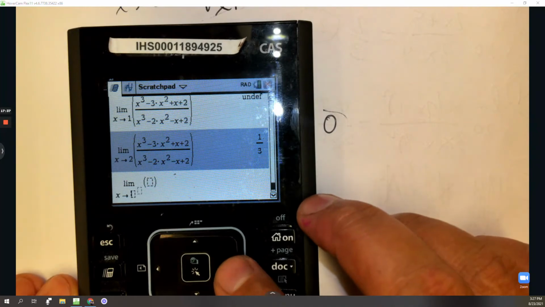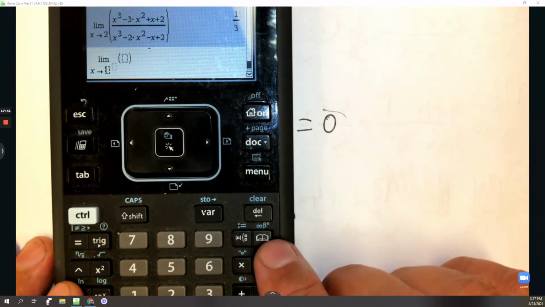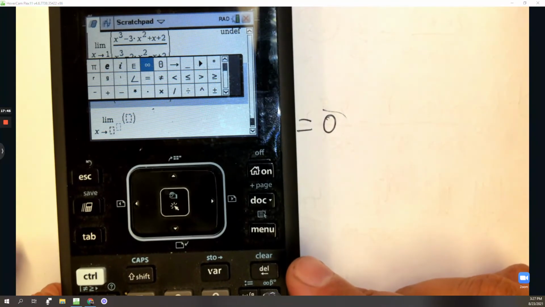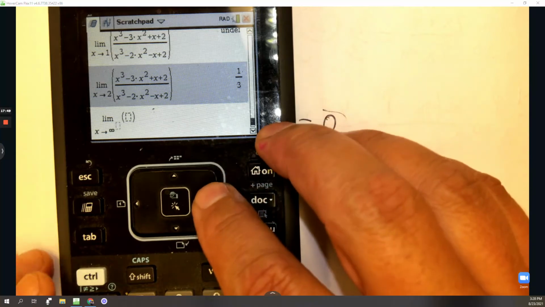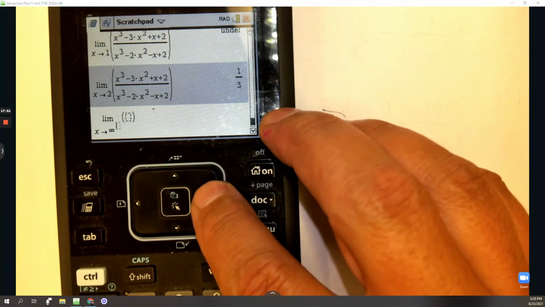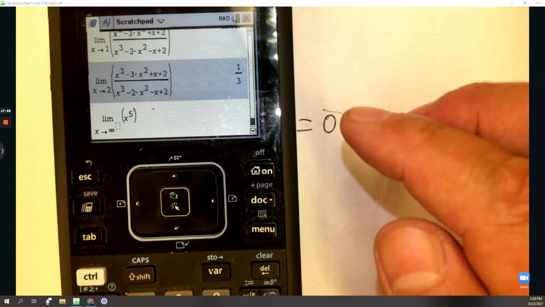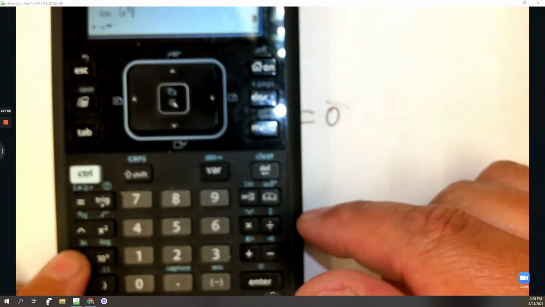X to, now to find infinity, see this in blue right here? So go control and that, and then you can find it. There it is. So as x approaches infinity, and then we can type in x to the fifth, move the cursor, e, make sure it's this e, not the e in the bottom.